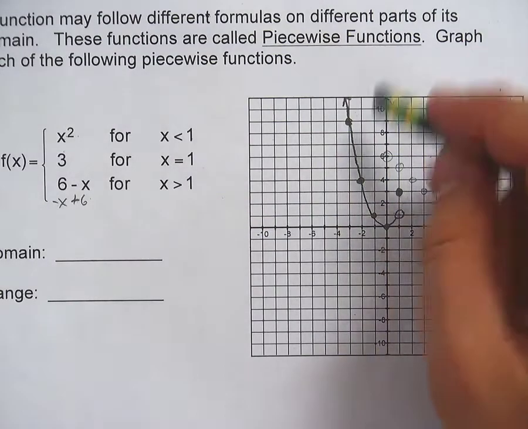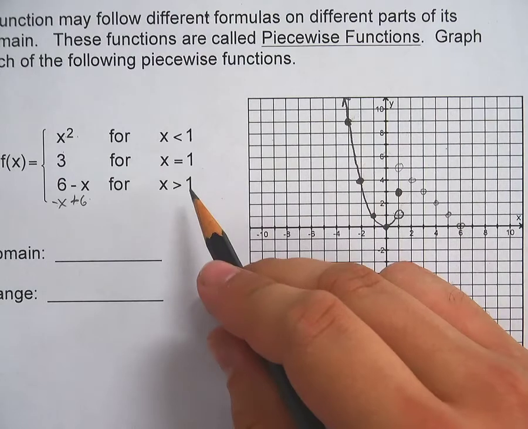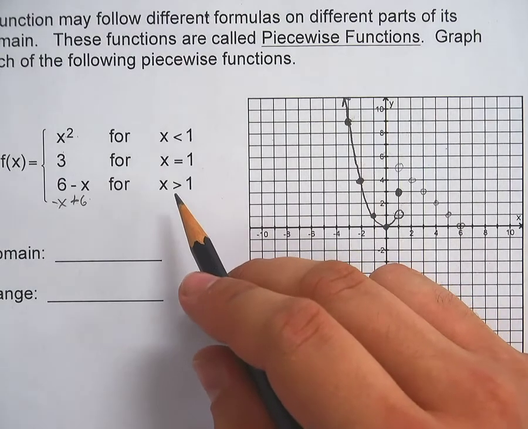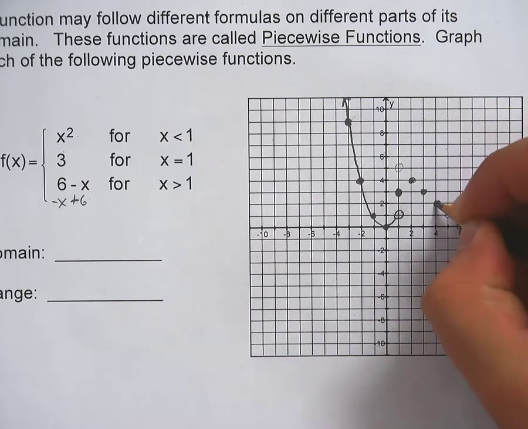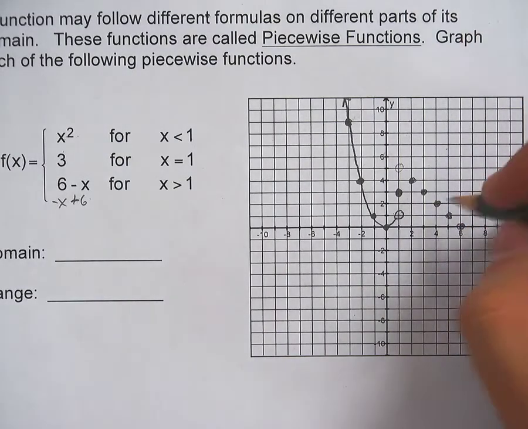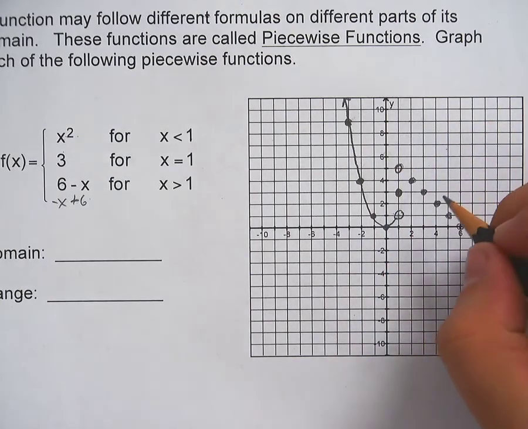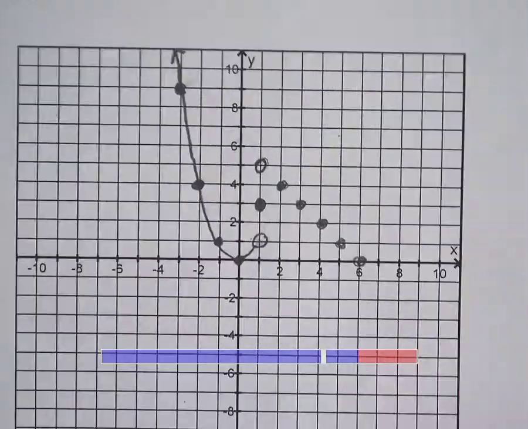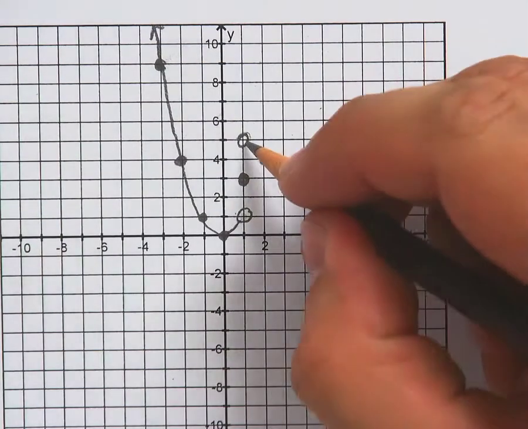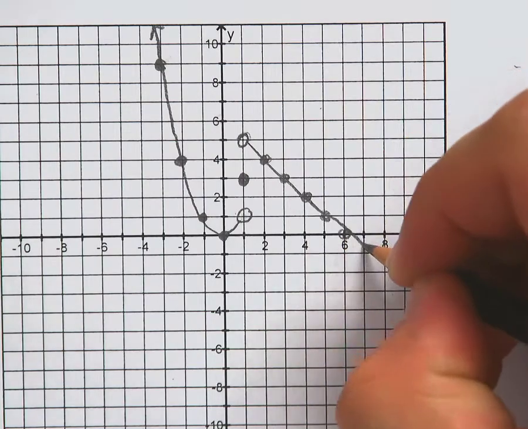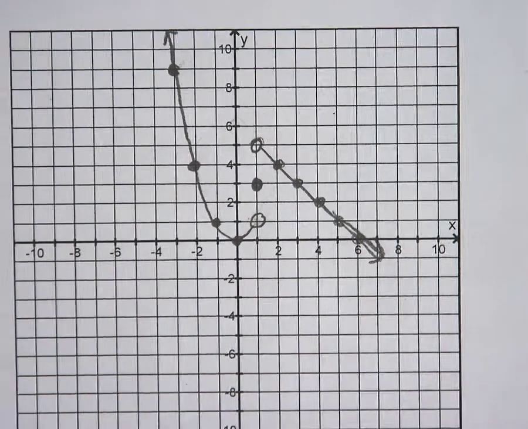So everything to the left of 1 doesn't exist, and it does not touch 1. It will exist everywhere to the right of 1. It'll be an empty circle on 1, and then everywhere to the right, it actually exists. And that's called a piecewise function.